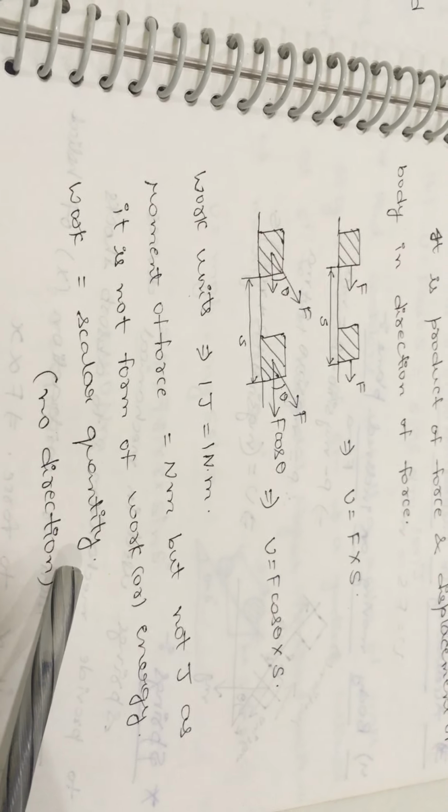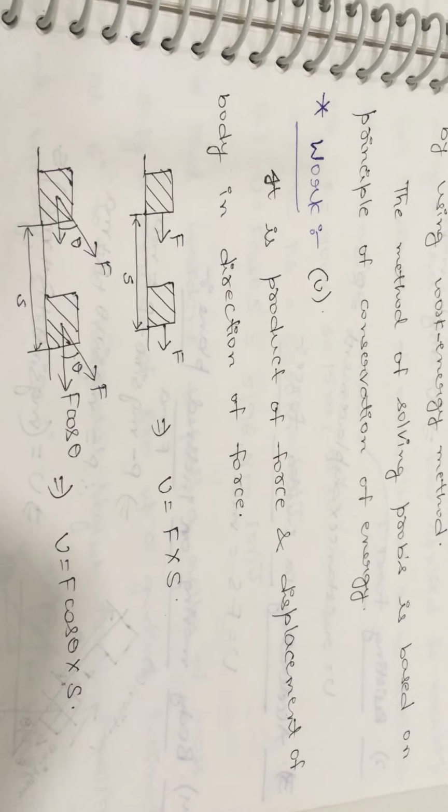Work done is a scalar quantity. It will have only magnitude and will not have any direction. So work is a scalar quantity. This is the work concept, the formula for the work done and the units for the work done.